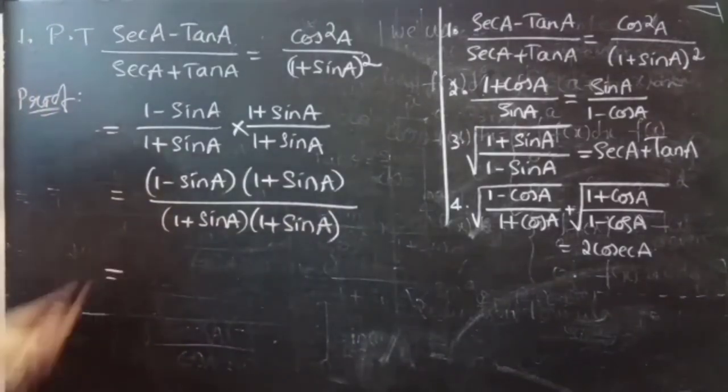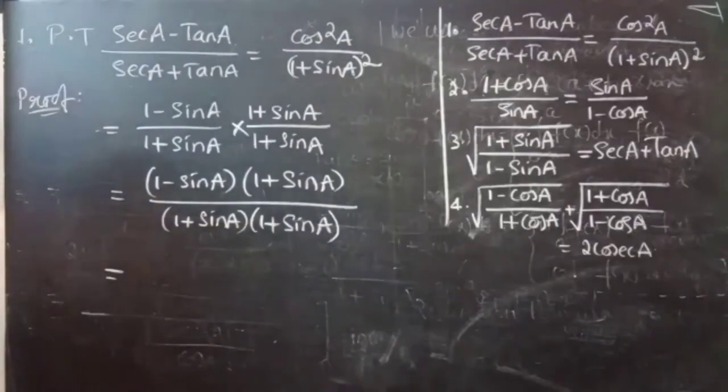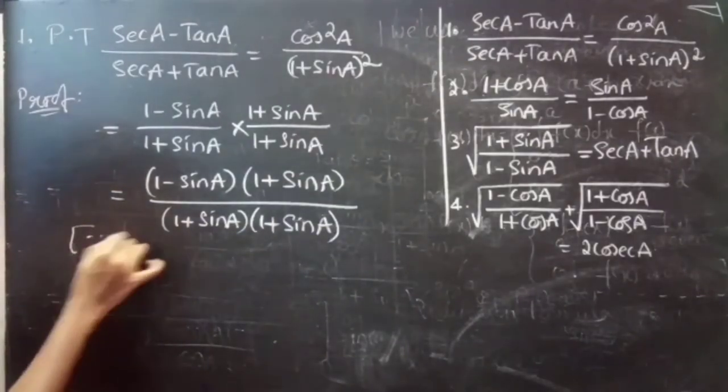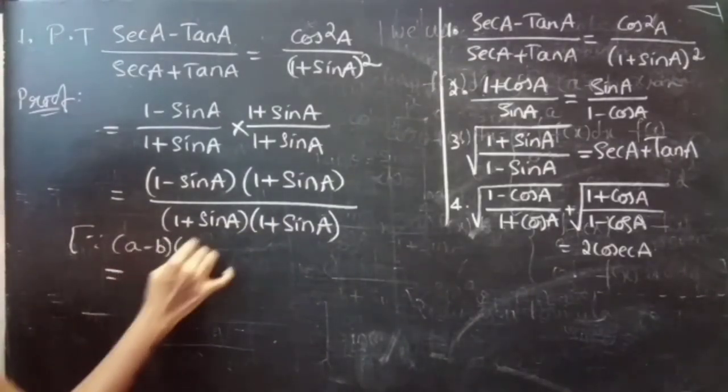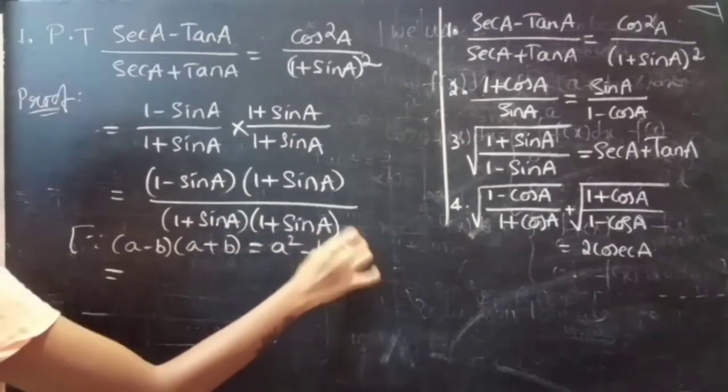In the numerator you have (1 minus sin A) into (1 plus sin A), which is of the form (A minus B) into (A plus B), which equals A square minus B square.